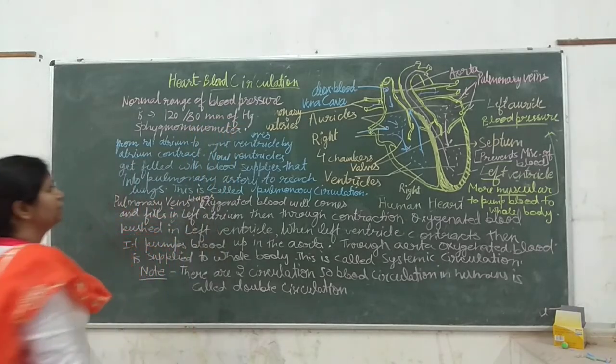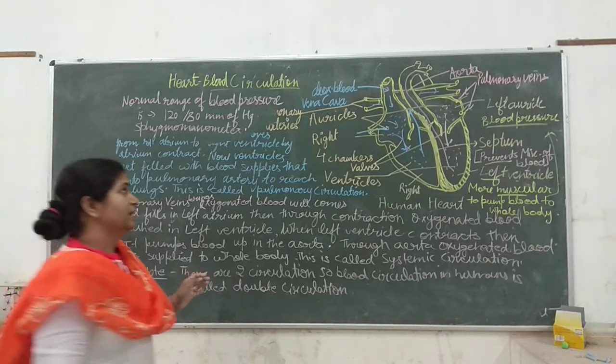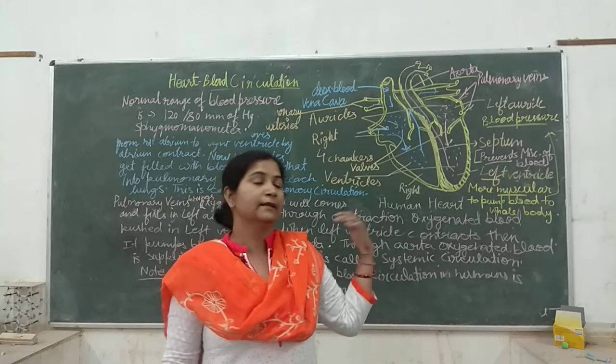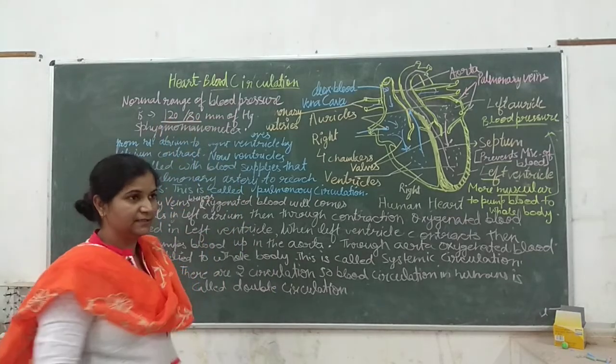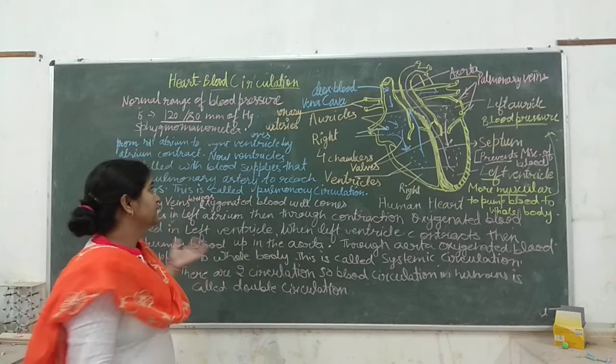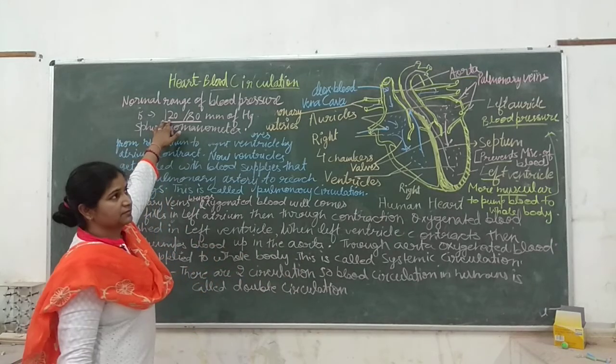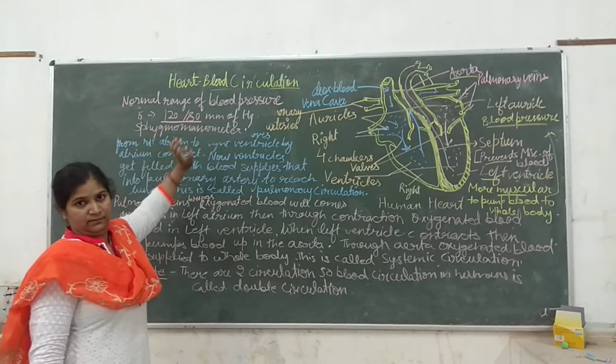So the sphygmomanometer is helpful in measuring blood pressure, and the normal range is 120 by 80 mm Hg. This is the higher number and this is the lower number.